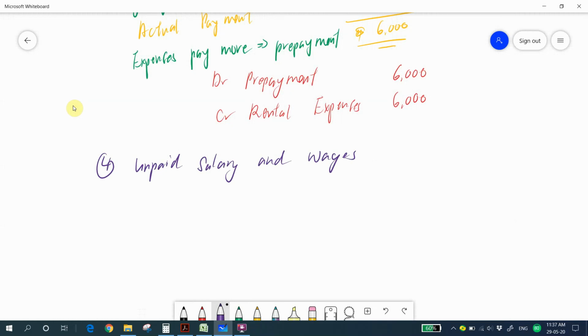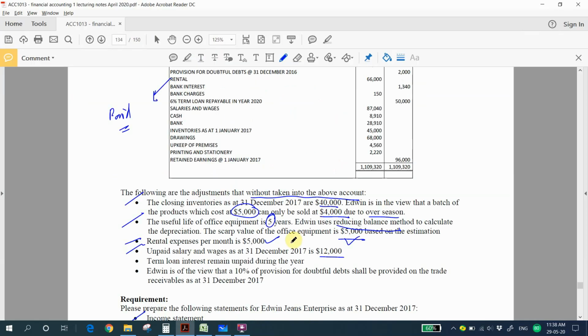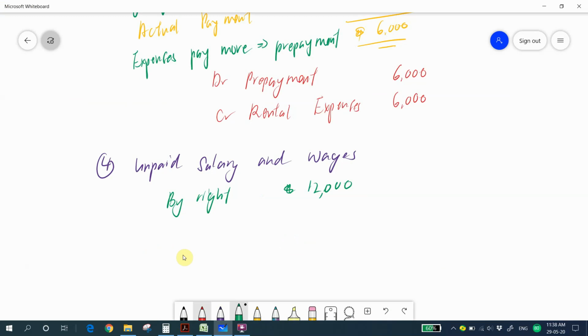By right, we have to pay 12,000 to our employees as the salary or wages. However, we did not pay, right? The actual payment is 0. So from here, we know that the difference is 12,000.